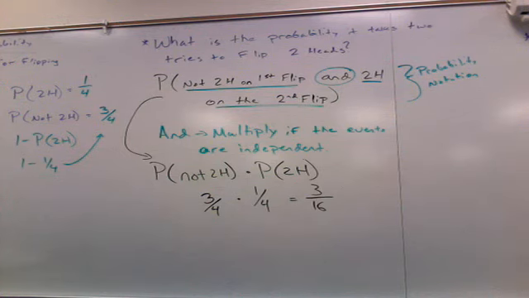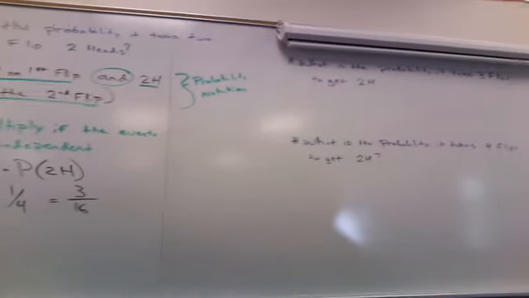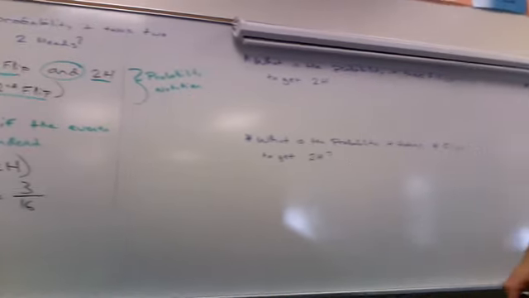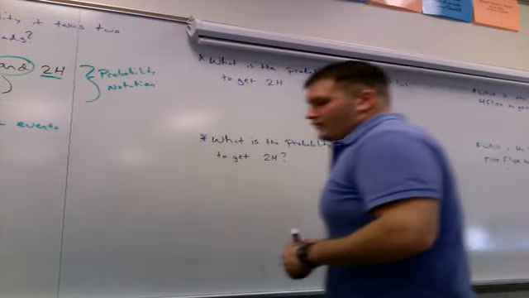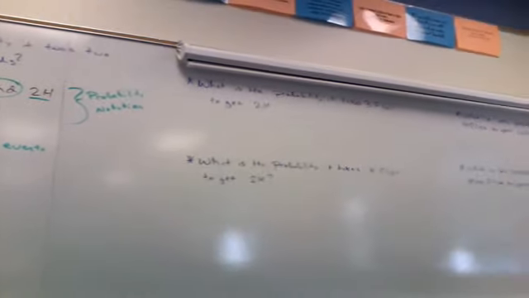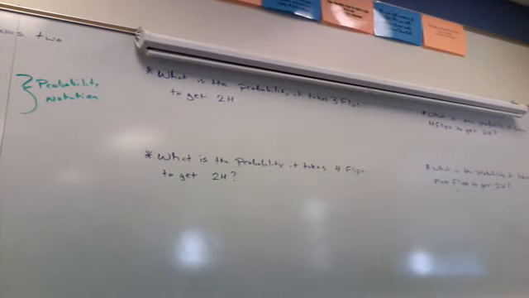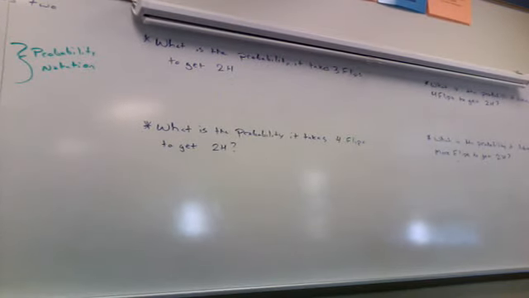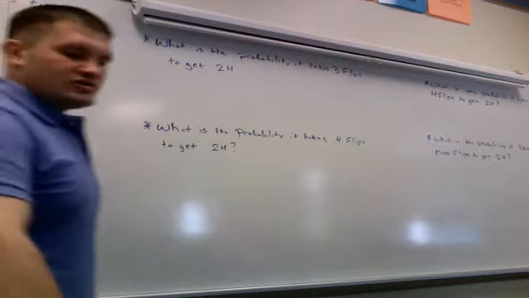All right. Next one. It says, what is the probability it takes 3 flips to get 2 heads? So, I'd like you to take a moment or two, and I'd like you to work on this next one. Okay? What's the probability it takes 3 flips to get 2 heads? Take a moment, try this one out.